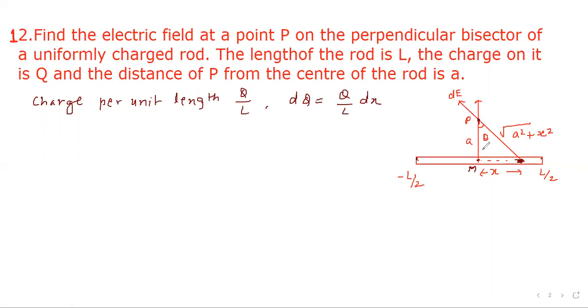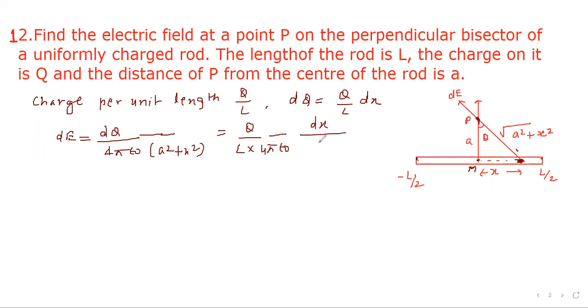Due to this element, the electric field dE will be dq divided by 4 pi epsilon naught and distance square. Distance square means a square plus x square. So dE is Q upon L into 4 pi epsilon naught, dx divided by x square plus a square.